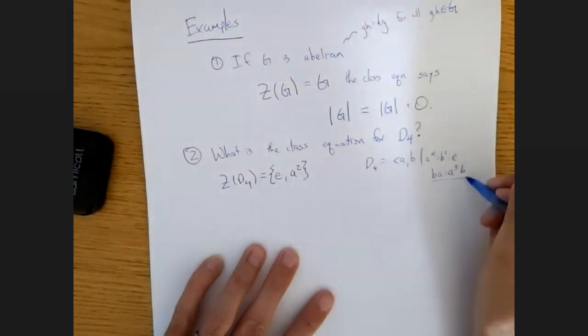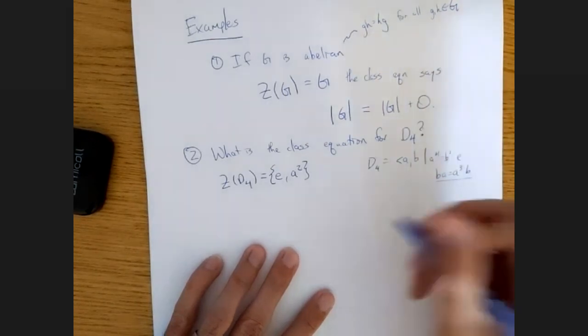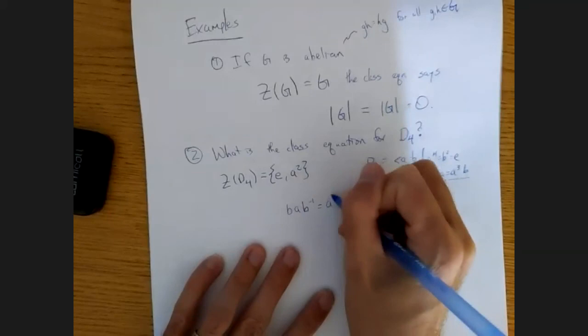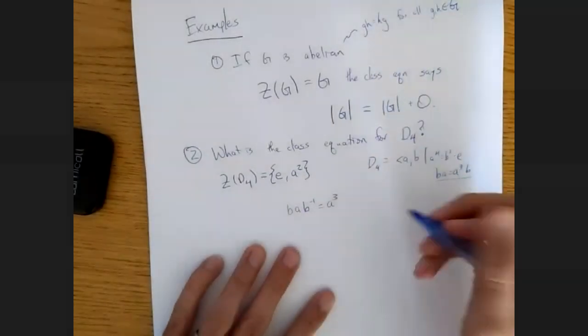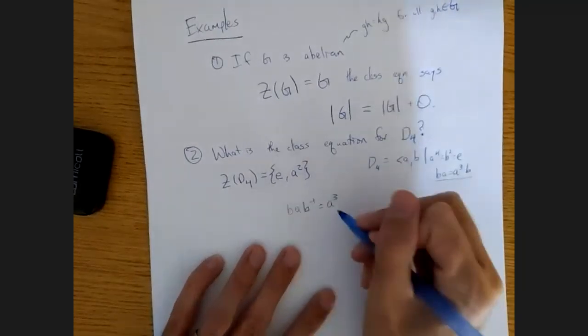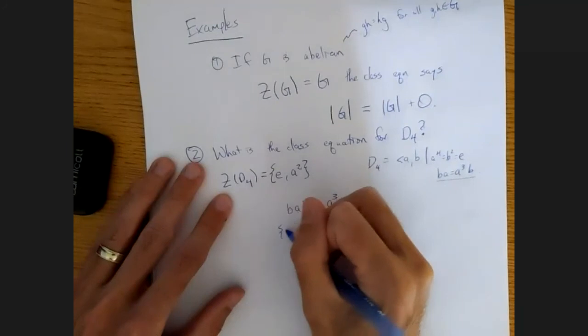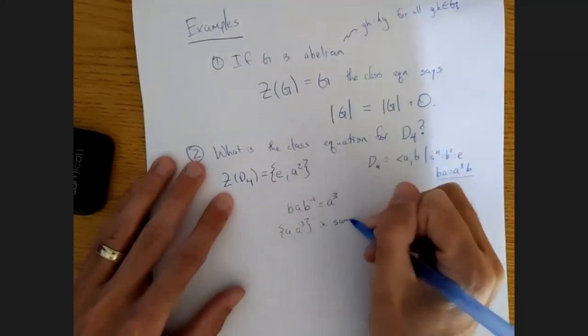Also, if you rearrange this, it says that BAB inverse equals A cubed. So that means A and A cubed are in the same conjugacy class.